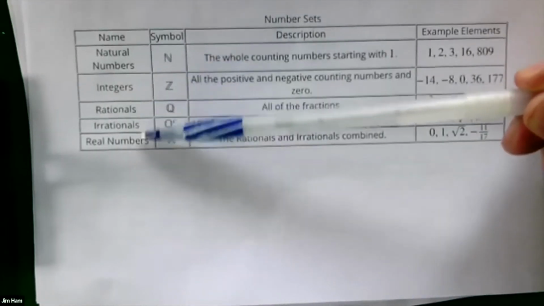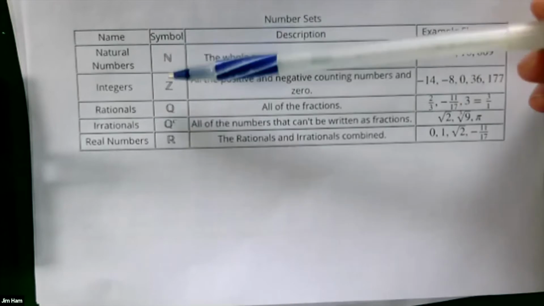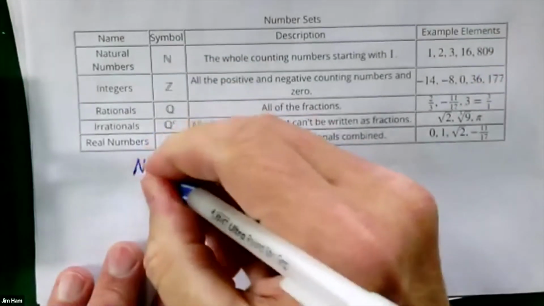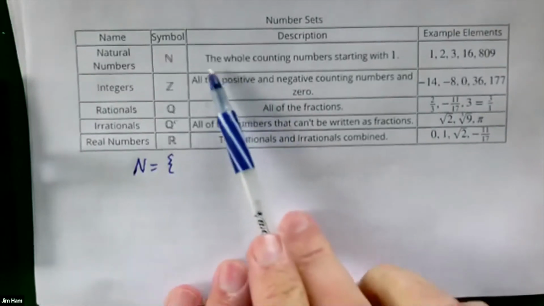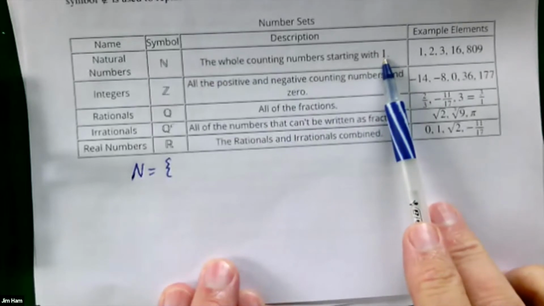All right, so here are five different sets of numbers that we use frequently in mathematics. And the first set, N, corresponds to the natural numbers.